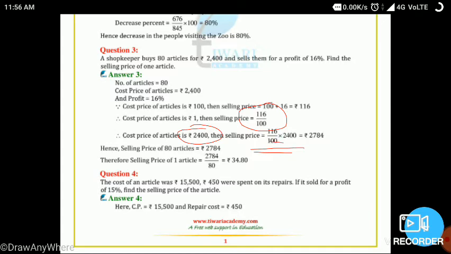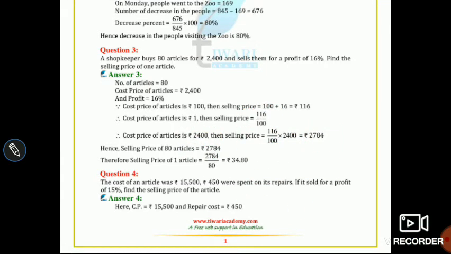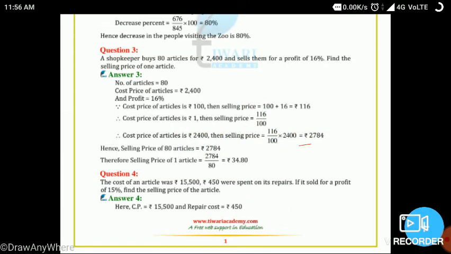Okay, so see, 100 is there in the numerator and denominator, so simply cut it. So which number is remaining? 116 multiplied by 24, so you will get 2784. Okay, so here 2784 is the selling price of 80 articles, the total articles.